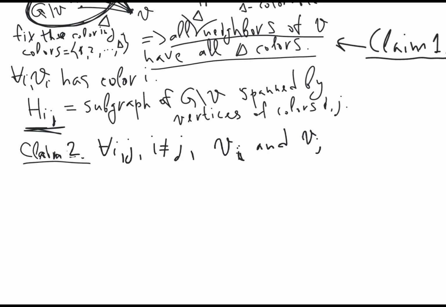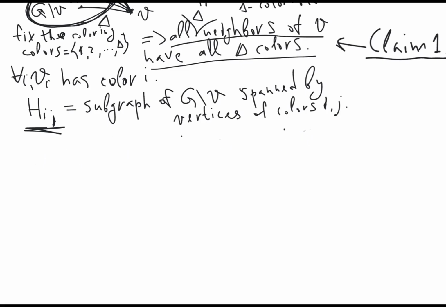So before writing the claim, let's denote one more thing. Denote Cij is the... no, we'll denote it later. Okay. Yeah, first we need the claim.